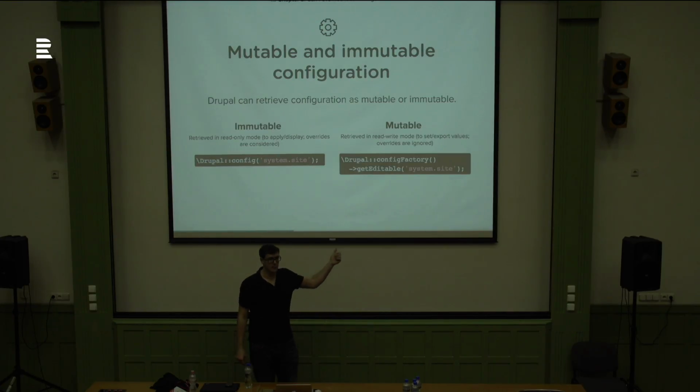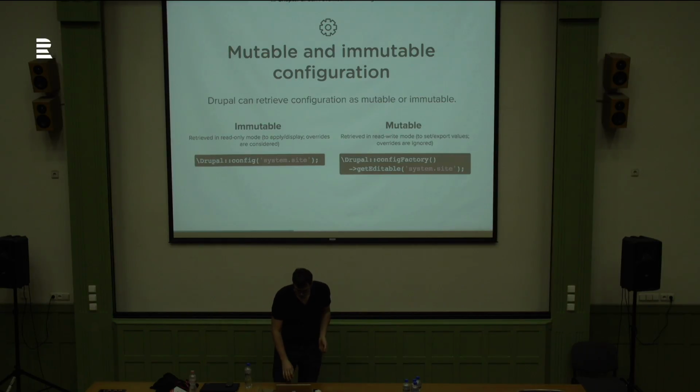If you get the immutable one and you try to save on this config object, then it will give you an error, and it will not allow you to do that. Well, obviously, because it does contain the overwritten configuration, and it prevents you from saving the overrides as the real thing.